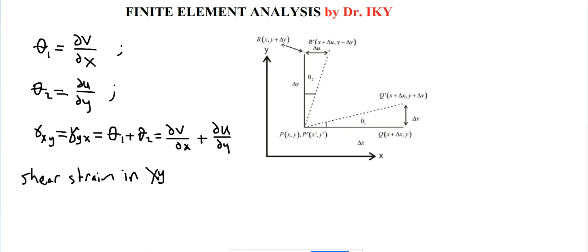In some definitions or some books, people show it like this: this one, the original element, and this one, the deformed element.